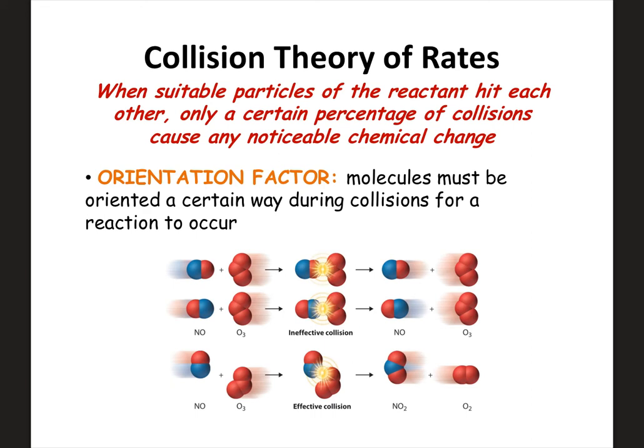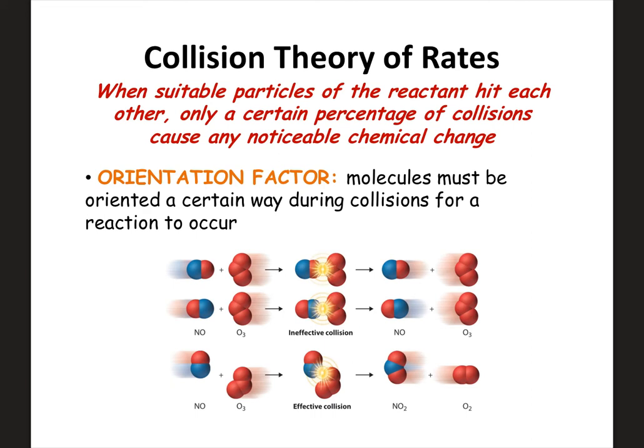So for example here, if you look at these two molecules, NO and O3 colliding, if the O from the NO hits the middle O of the O3, as you see here, it's not an effective collision. The reaction will not take place. Even if you spin it around and the nitrogen from the NO hits in the middle of the O3, it just bounces off. It's going to be an ineffective collision.